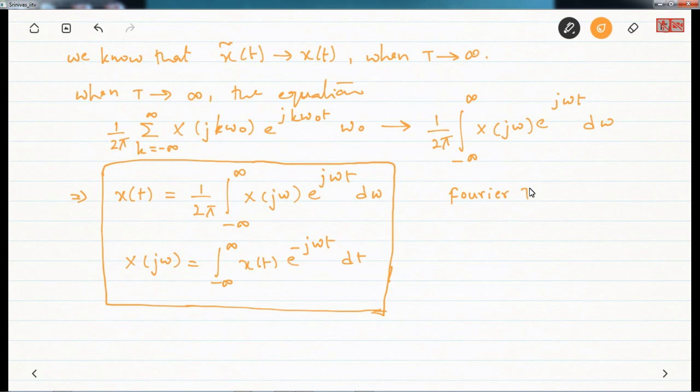This is the Fourier transform, also called the Fourier integral. Fourier transform or Fourier integral equations for an aperiodic signal x of t.